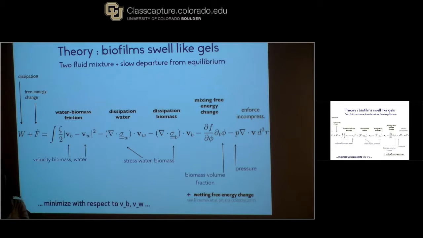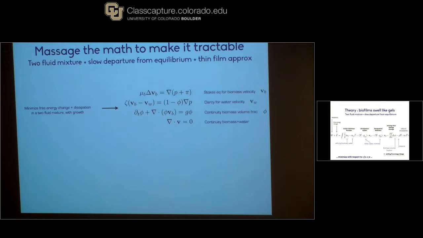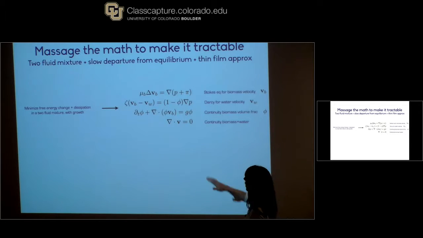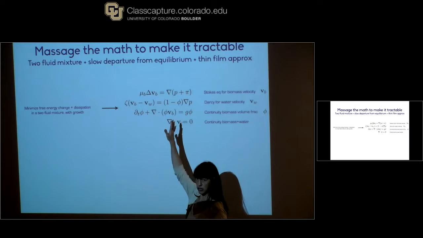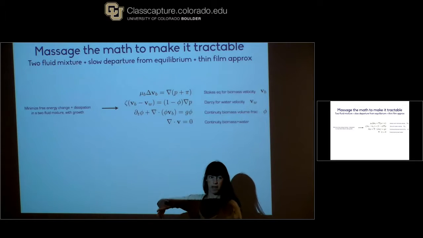And if this is a slow departure from equilibrium, you can get the equations of motion by extremizing this functional with respect to the velocities of biomass and water. This is all we did yesterday. Then we calculated those derivatives, and we got to an interesting point where at least we understood the physics, which was this combination of four equations that were quite transparent.